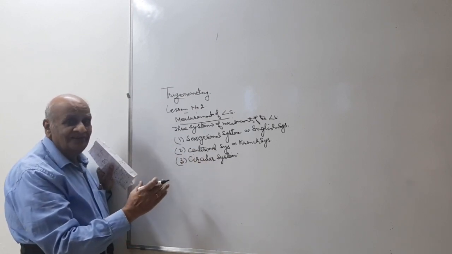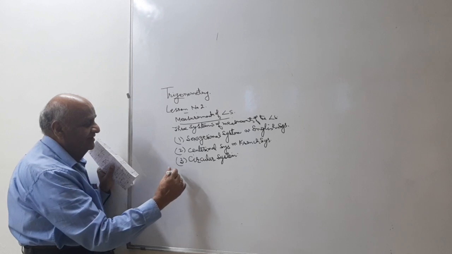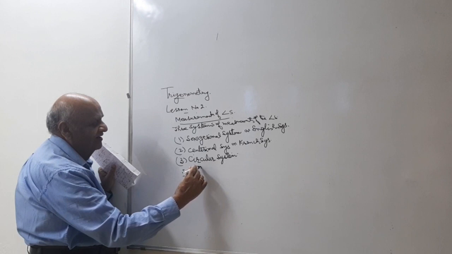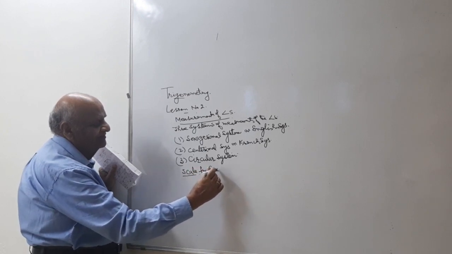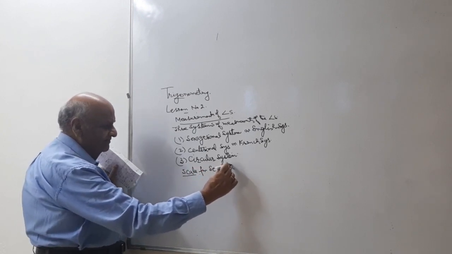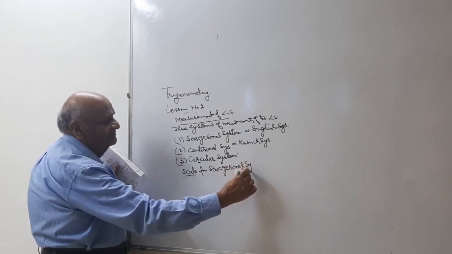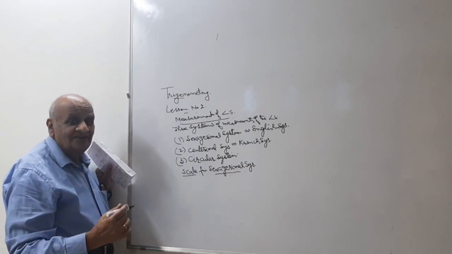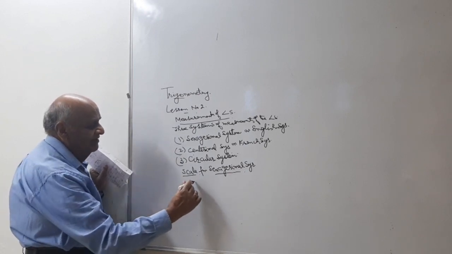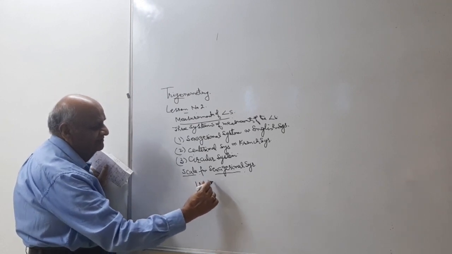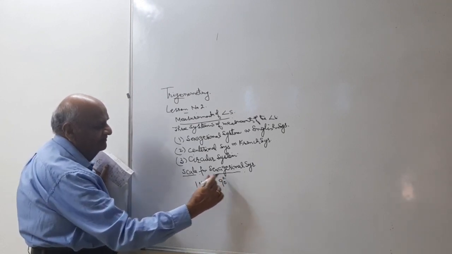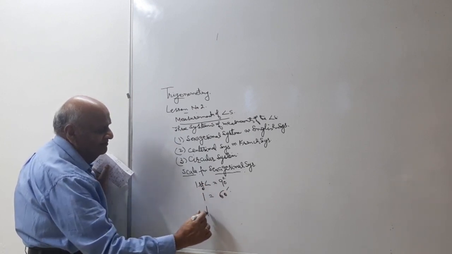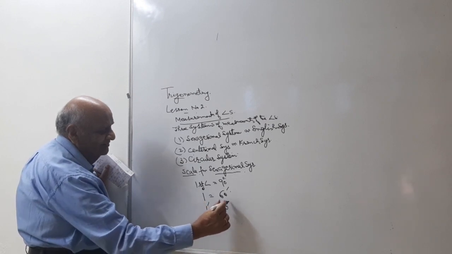To measure the angles in these three different systems, we have scales. Now for the sexagesimal system, when we measure the angle in a sexagesimal system, we have one right angle is equal to 90 degrees, 1 degree is 60 minutes, and 1 minute is 60 seconds.